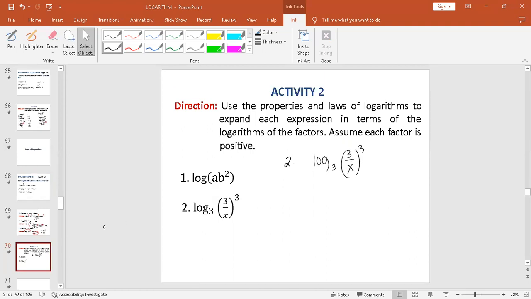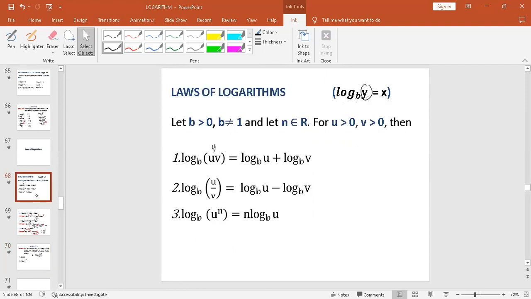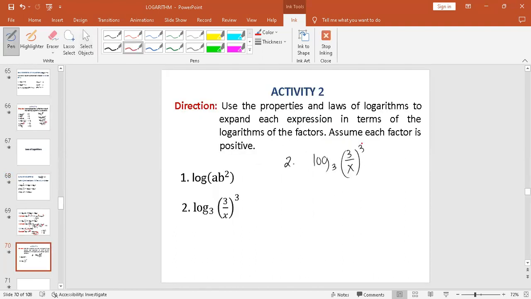Okay? So, ang gagawin muna natin, i-apply muna natin si third law. Okay? So, we will bring the exponent here. So, it will become 3 log of 3 over x to the base 3. So, okay na.